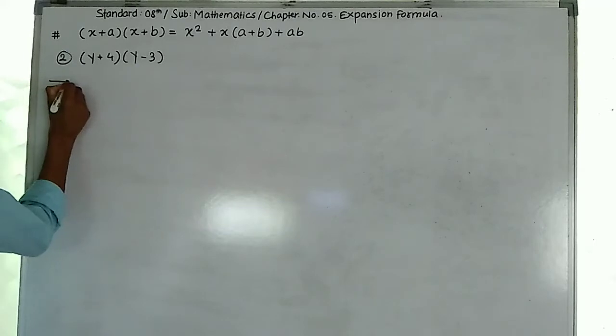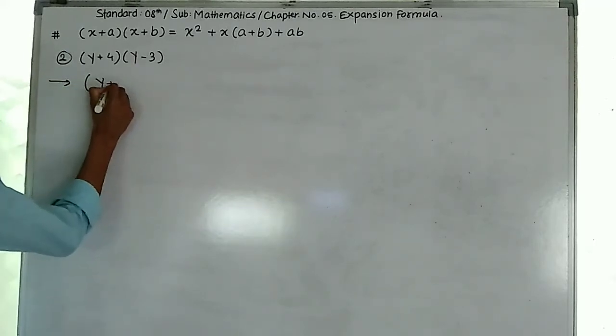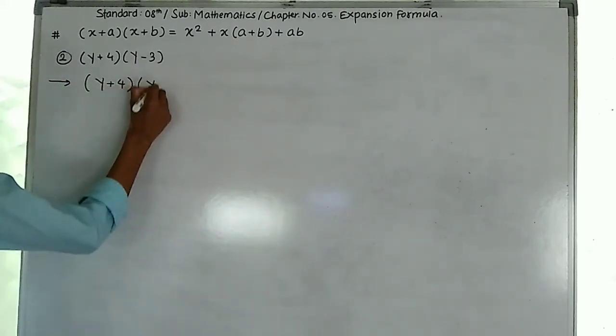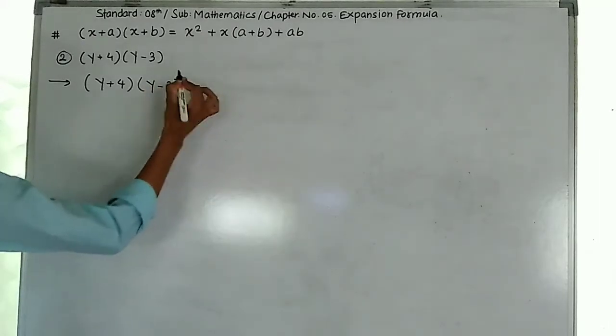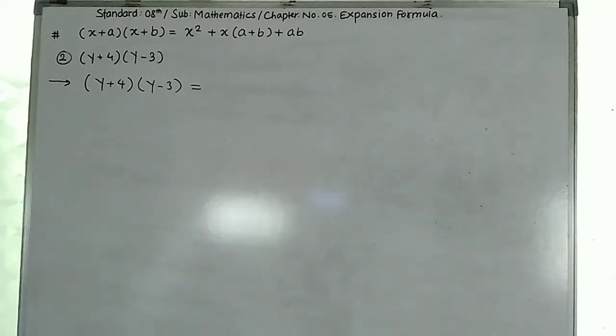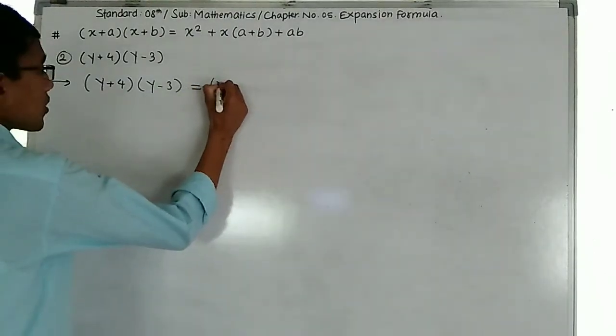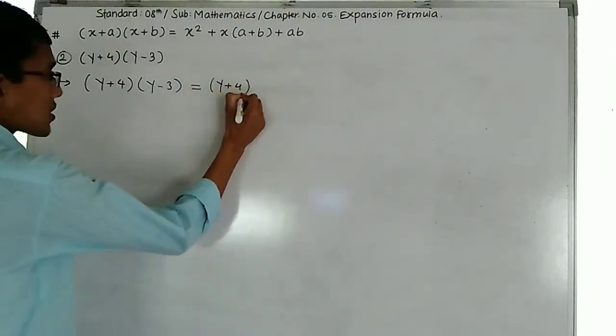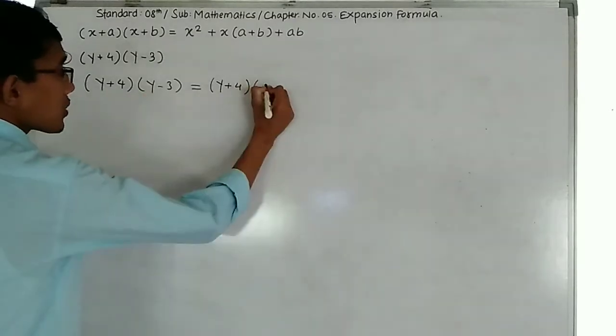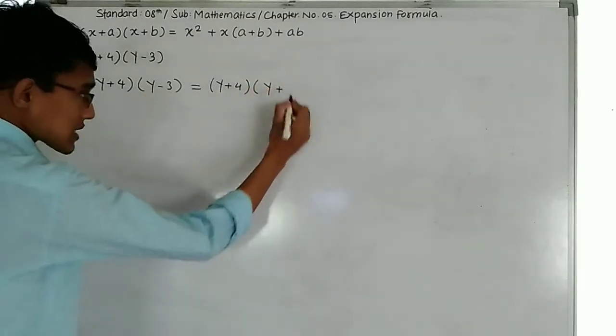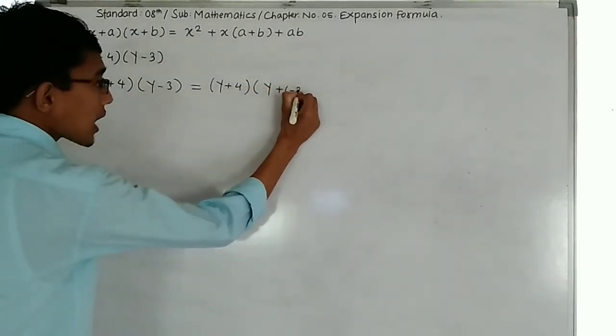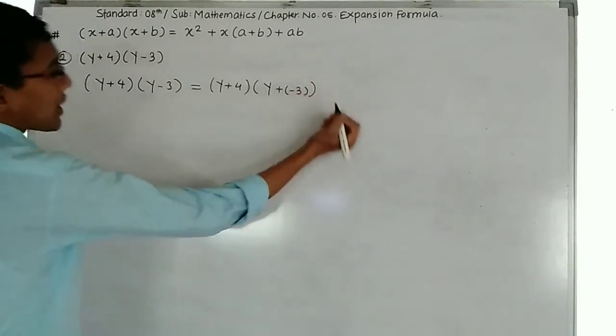So what we can do now, we will start with the basic, that is y plus 4 y minus 3 is equal to. Now I can directly apply the formula, or else I can write y plus 4 as it is into y plus sign, and in another bracket I will take minus 3 and bracket complete.